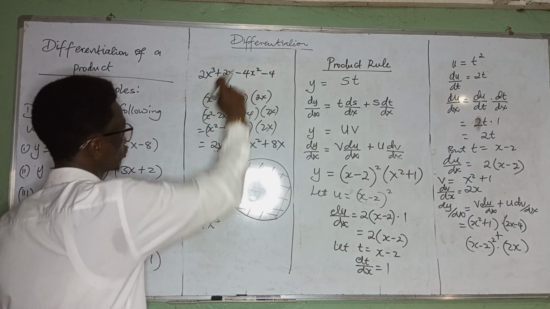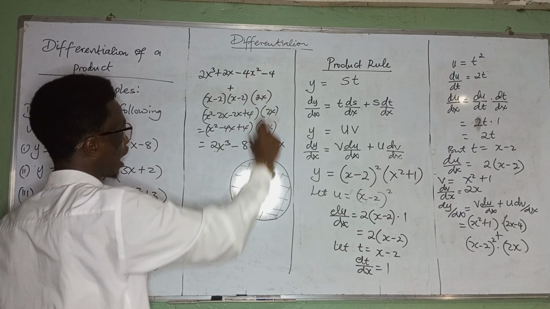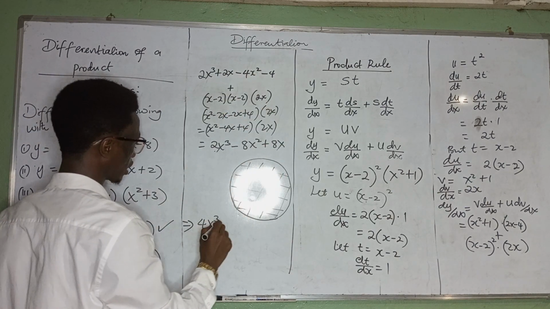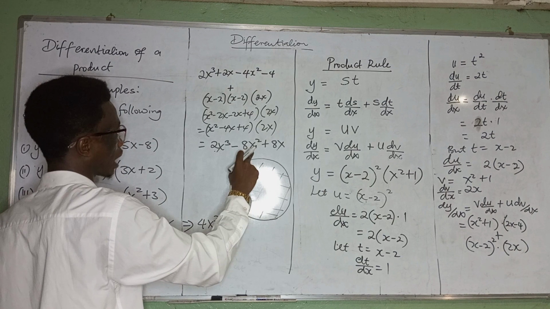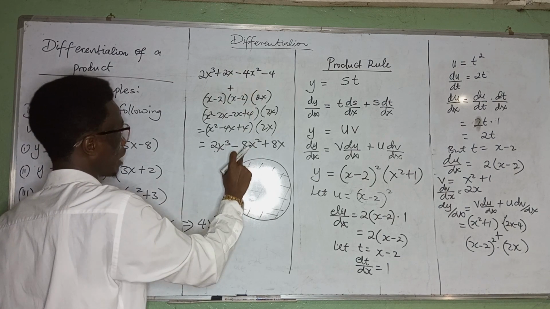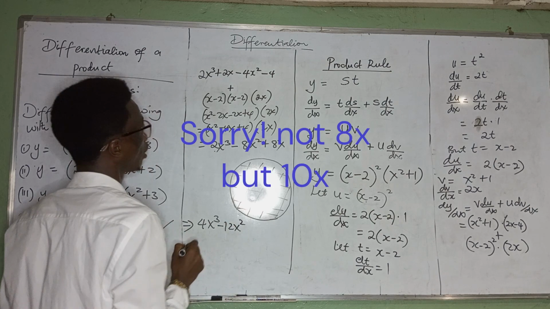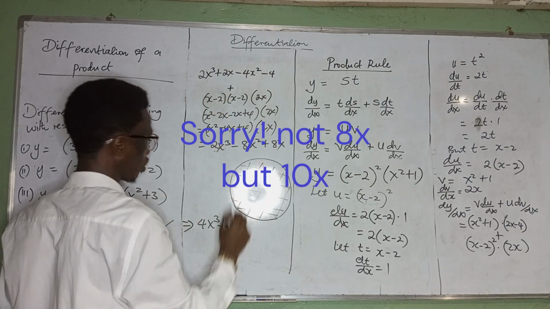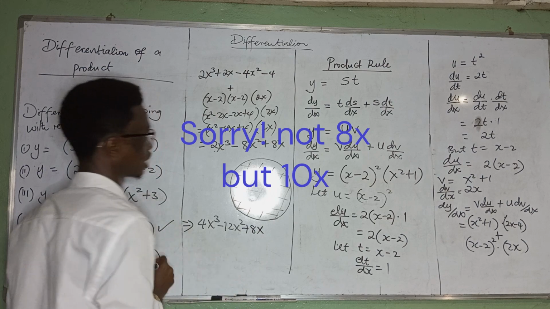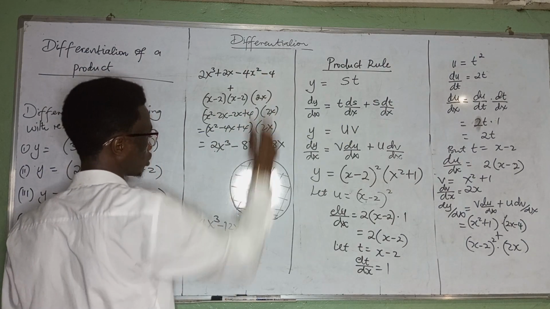Then I'm adding 2x here, and this becomes 10x. But let's go with the other ones, the next power. Minus 4x squared minus 8x squared becomes minus 12x squared. 2x and this becomes plus 8x. Now the last thing, minus 4.